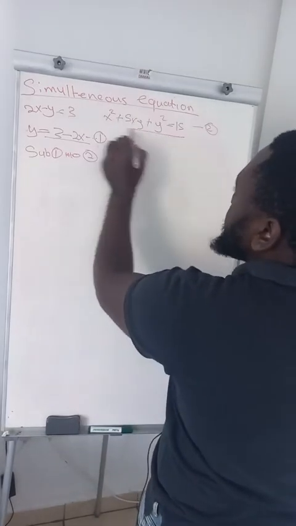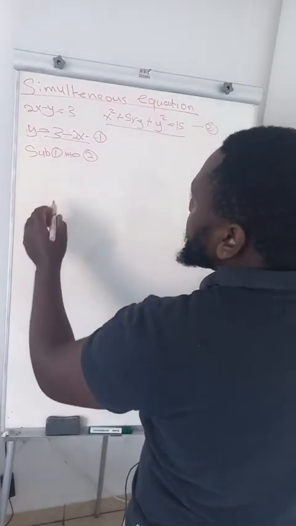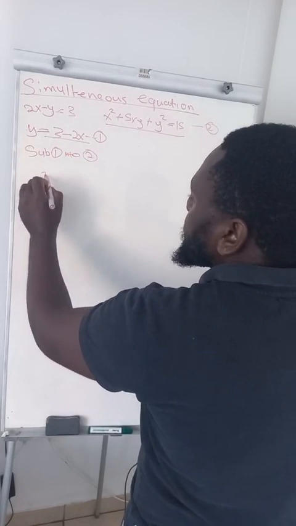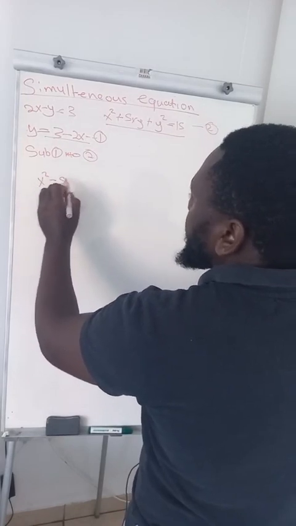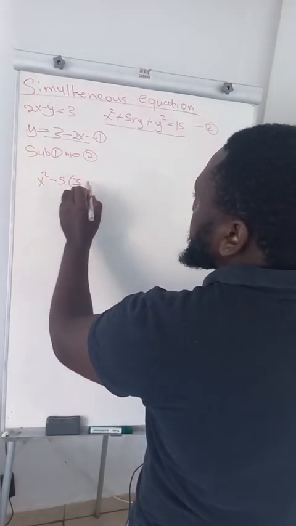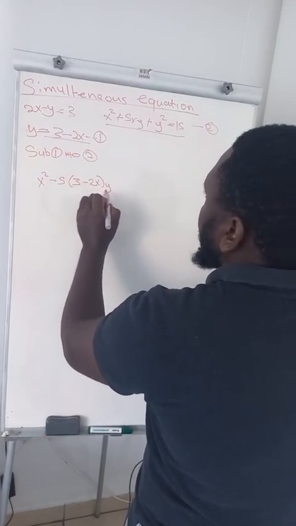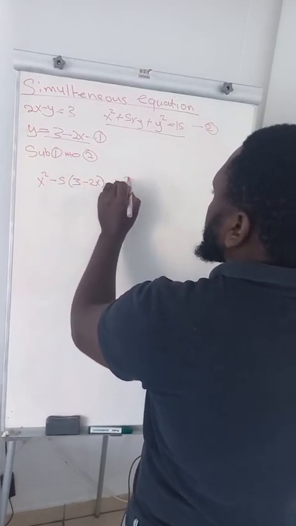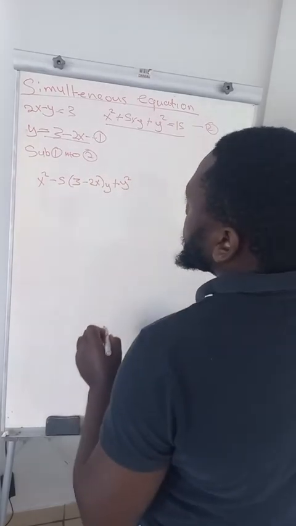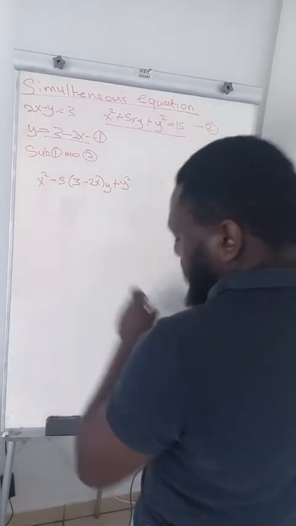So let me substitute it here. So substituting, it means you'll have x squared plus 5 into, no, I'm making a mistake here.